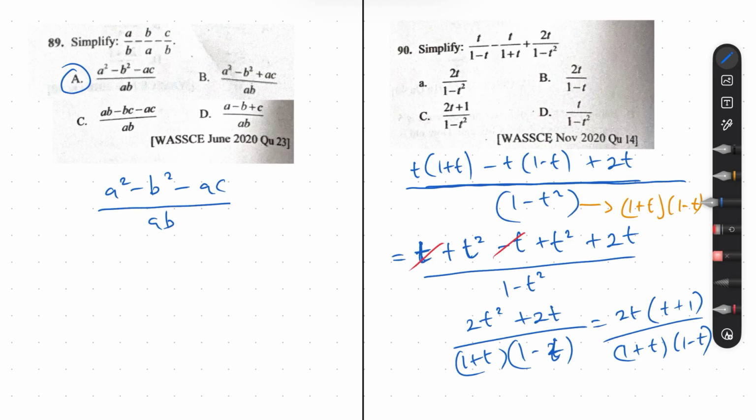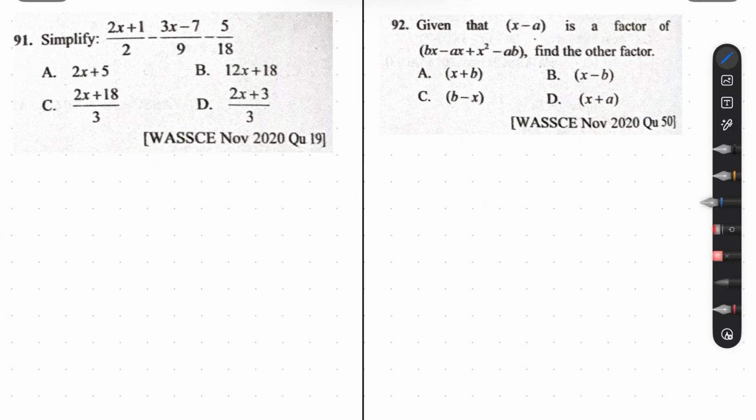Now what can cancel out? t plus 1 is the same as 1 plus t, right? So that can cancel out. So finally we have our answer to be 2t over 1 minus t, which is B. Okay, cool. Let's move on to question number 91.